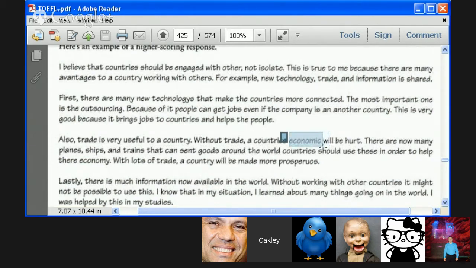Okay. I would say will decline also. What line? Sorry. I would say the country's economy will decline. Yeah. Okay. Not economic. Economic is the adjective. The IC suffix is used for adjectives. This should be the noun. A country's, possessive, economy. Will be hurt is perfectly sufficient for a TOEFL exam.